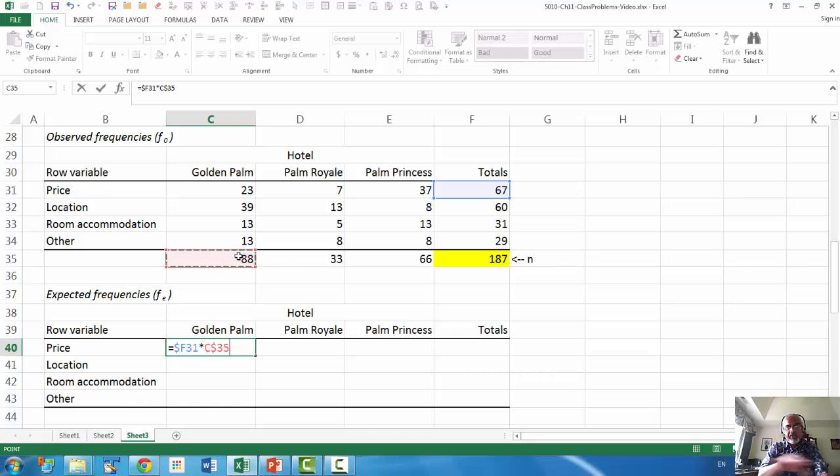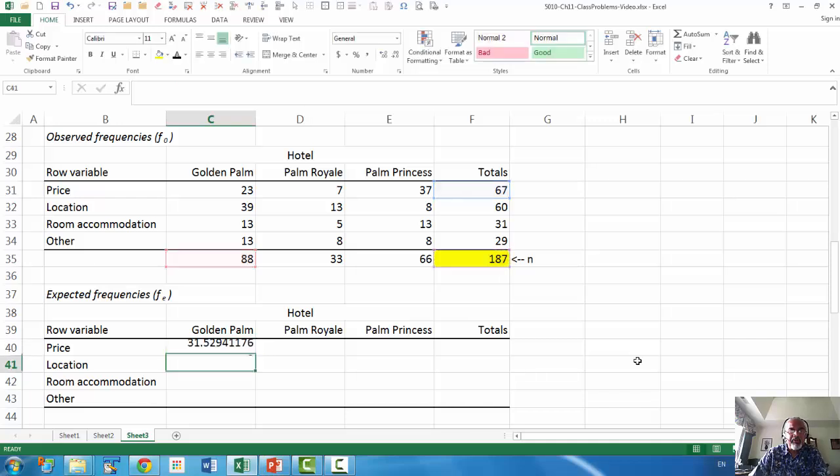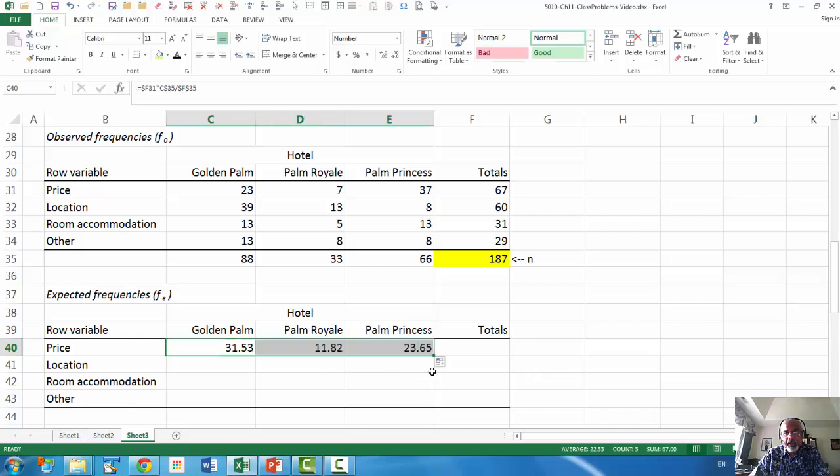The row should be fixed at 35. And then divide by the sample size, and the sample size must always come from that single cell, so the dollar sign should go for both the column and the row. Now this will give us the expected frequency for one cell, properly set up with absolute references so it can be copied.